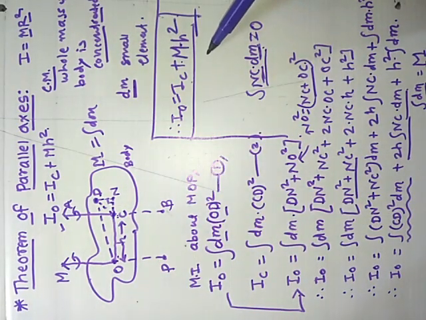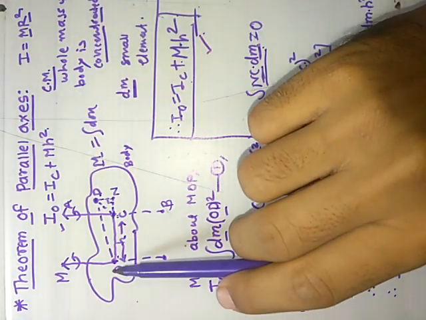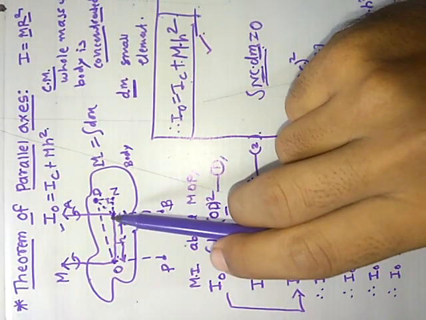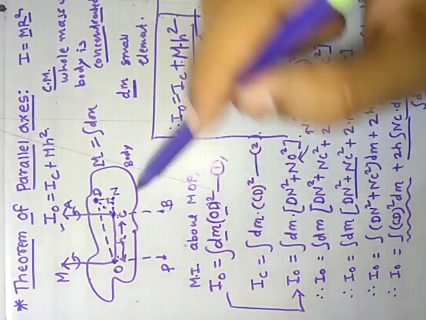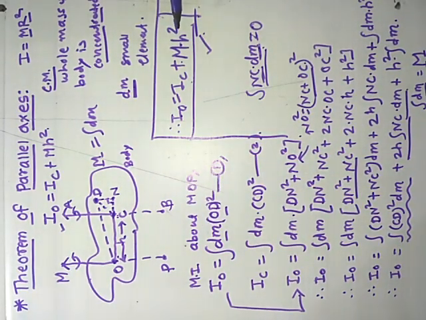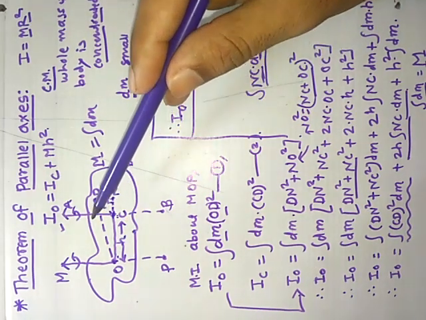So this is a theorem of parallel axis, in which if the axis is parallel to the axis passing through a center of mass point, then by using this equation we can easily calculate the moment of inertia of different bodies about parallel axes.